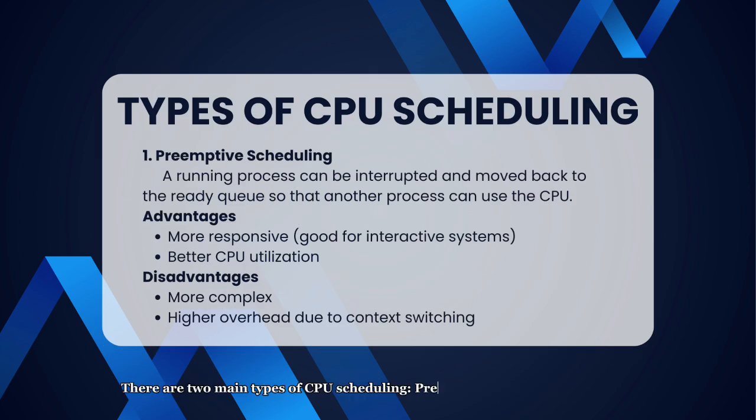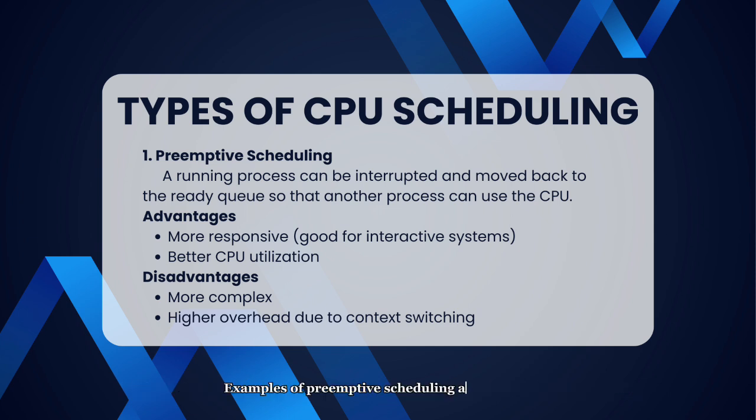There are two main types of CPU scheduling, preemptive and non-preemptive. Let's break them down. Preemptive scheduling. In preemptive scheduling, the CPU can take control away from a currently running process and give it to another. This is useful in time-sharing or real-time systems where responsiveness matters.